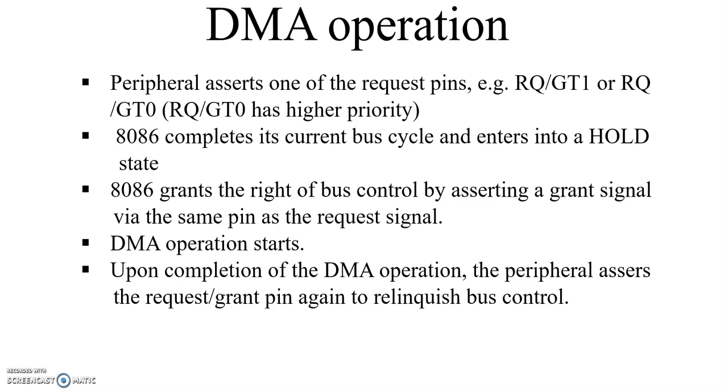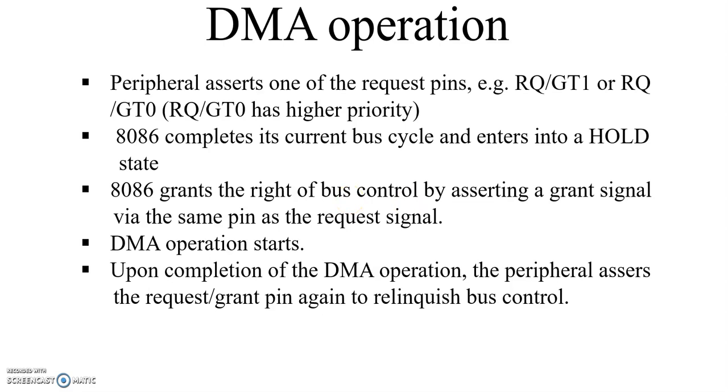It will send the hold request to the processor. So the processor will release the buses and send the acknowledgement signal. Now the DMA controller becomes the master of the bus. Once it is the master of the bus, it checks internal registers like the base address register, the counter register, and the count values, then transfers the data between two memories.